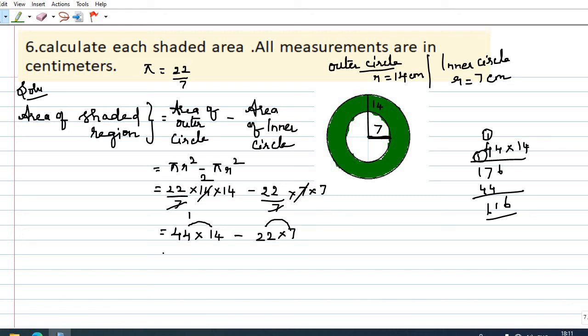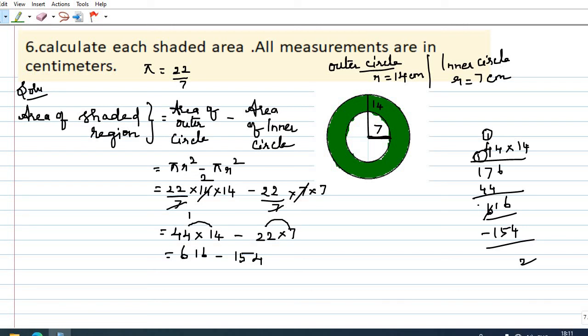So 616 minus 7 twos are 14, carry over 1, 7 twos are 14, which is 154.